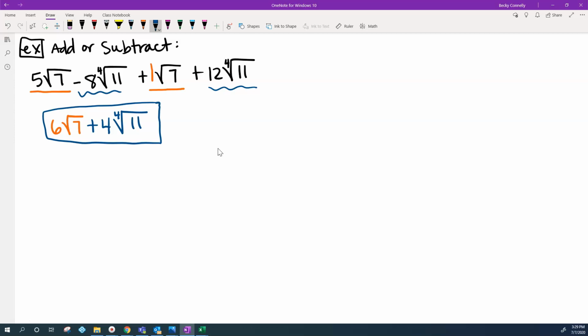Something like if I had 3x times the square root of 2 plus 2x times the square root of 3, I can't add those together because my radicands are different, what's inside there. And on something like that, you would just put DNE because it says put DNE if you can't combine them together anymore.